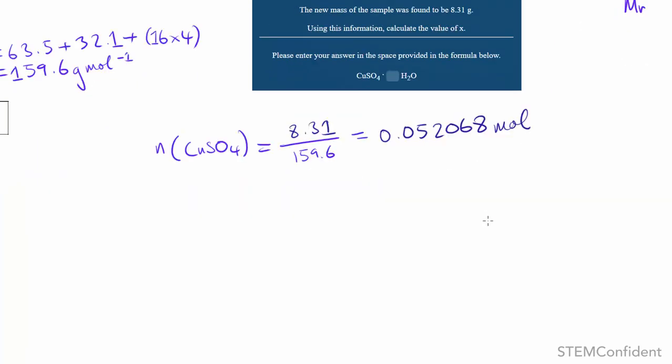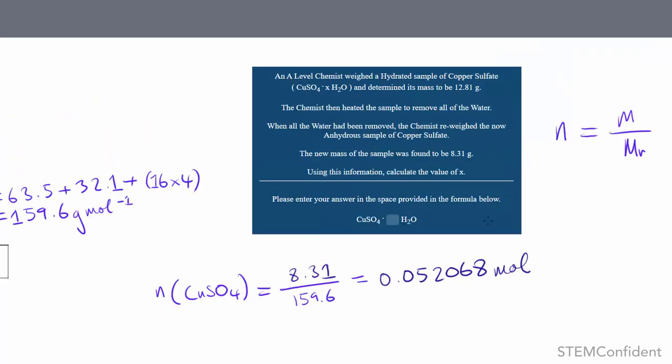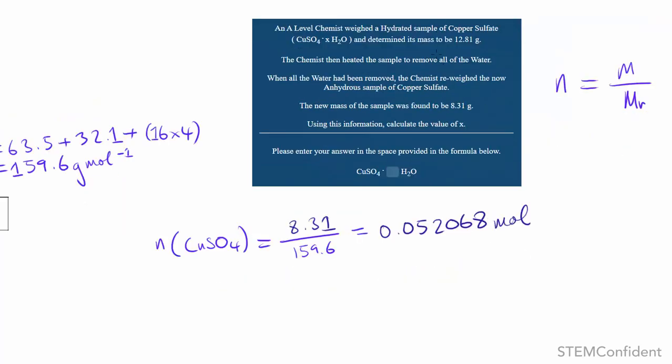So we also need to work out the number of moles of the H2O, right? So how are we going to work that out? Well, you've got the hydrated mass, which is this value here, and you've got the anhydrous mass. Because this is the mass where H2O is absent, and this is where H2O is present, the difference between these two masses is effectively the mass of the H2O.